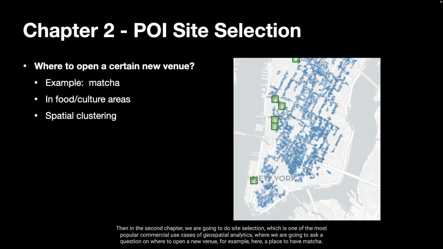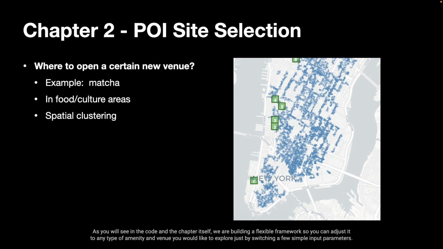Then in the second chapter, we are going to do site selection, which is one of the most popular commercial use cases of geospatial analytics, where we are going to ask a question on where to open a new venue, for example here a place to have matcha. As you will see in the code and the chapter itself, we are building a flexible framework so you can adjust it to any type of amenity and venue you would like to explore just by switching a few simple input parameters.